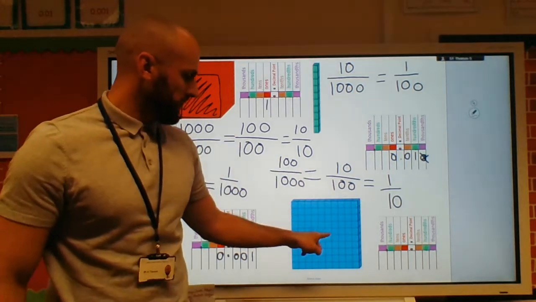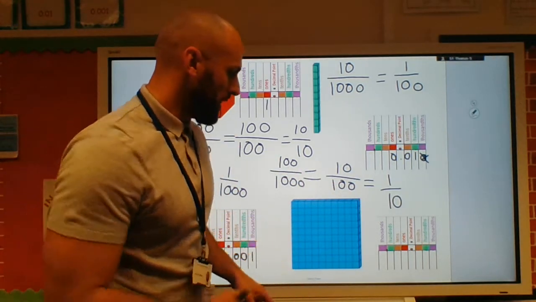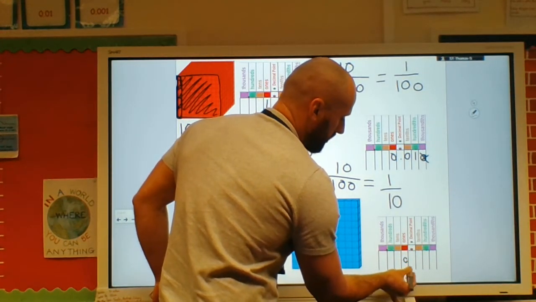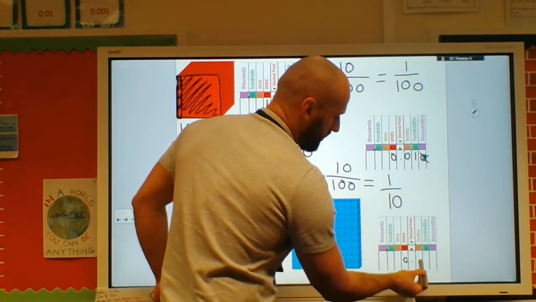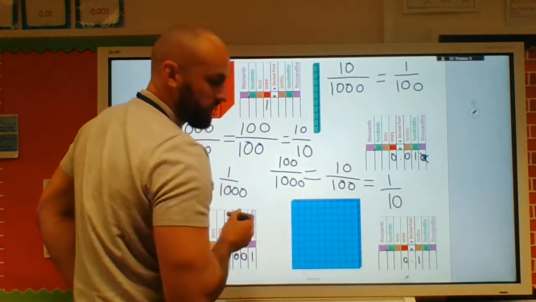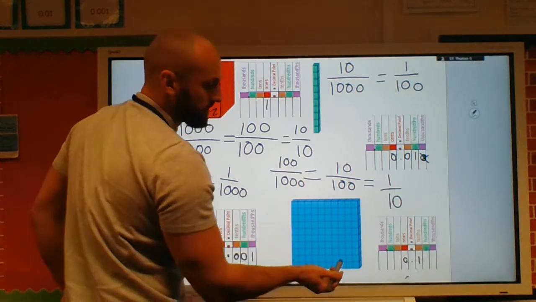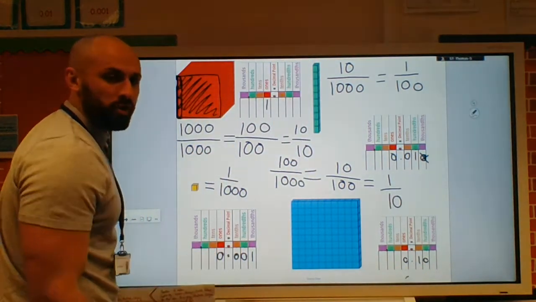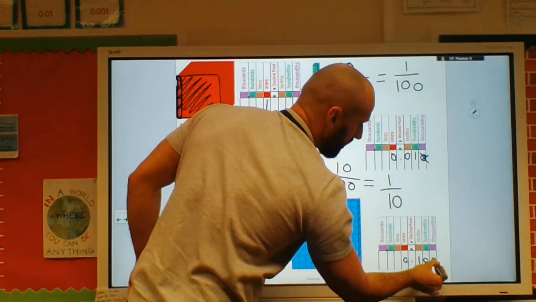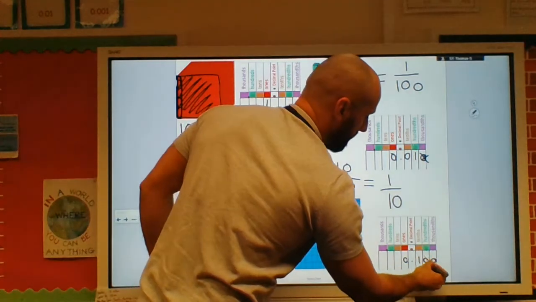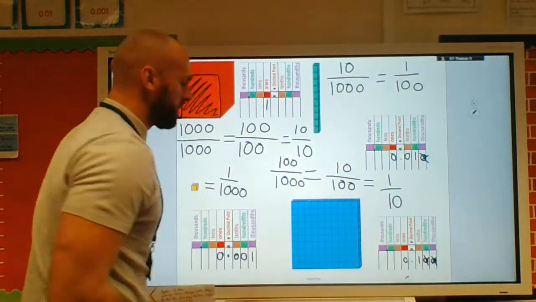That's why it's 1/10th. Okay? So again, I've got 0 ones, put in my decimal point, 1/10th. Okay, so I could just write it as 0.1. I could say I've got 10 hundredths, or I could even say I've got 100 thousandths. Okay, it's just a quick reminder there.